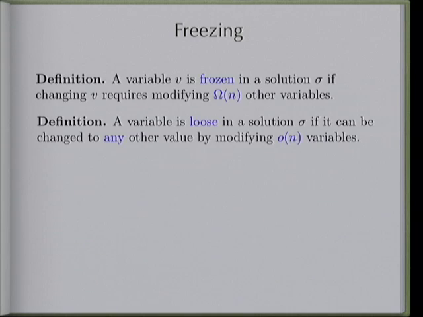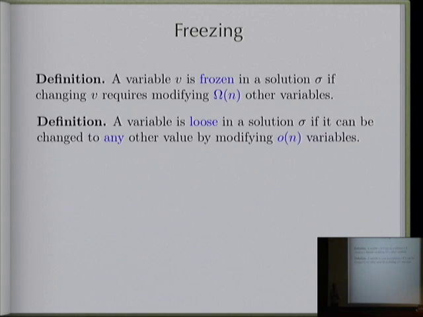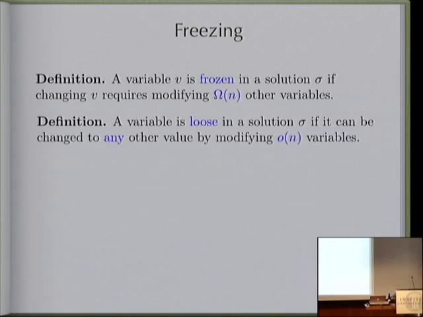So now, let me say that if you give me an instance and a solution of that instance, I'll say that a particular variable is frozen in that solution if the following is true. If you attempt to change that variable and make it take some different value, you also have to change a linear number of other variables.